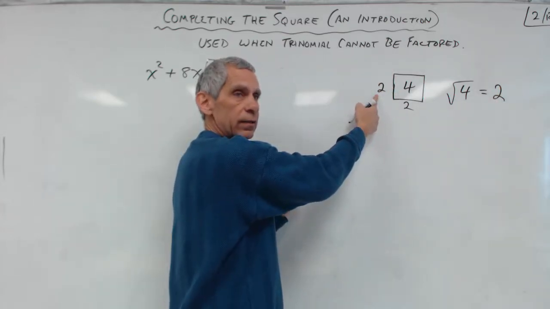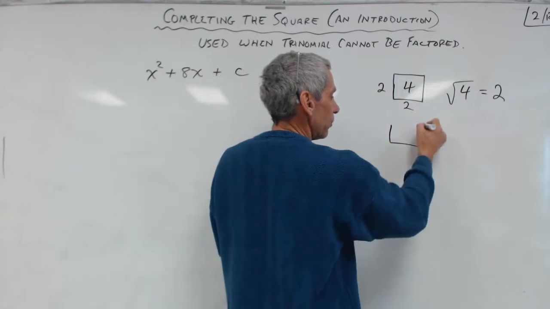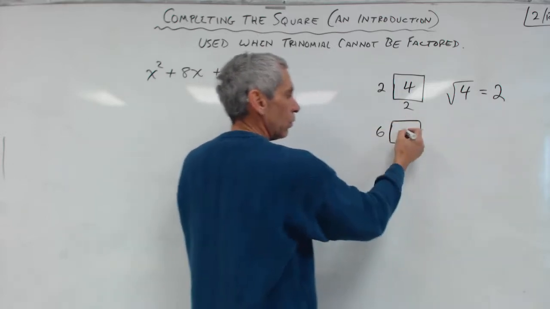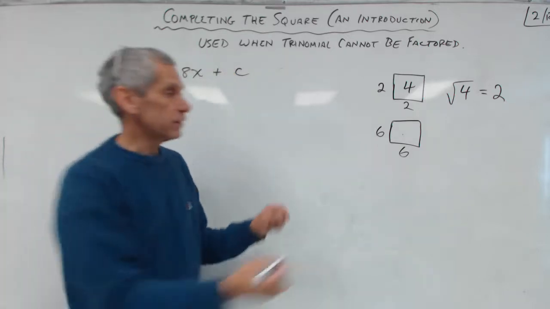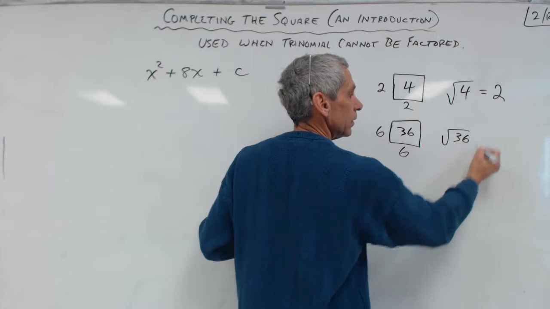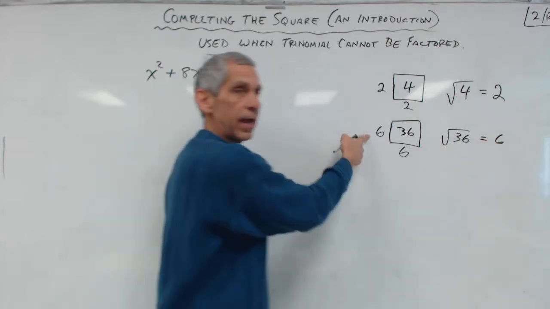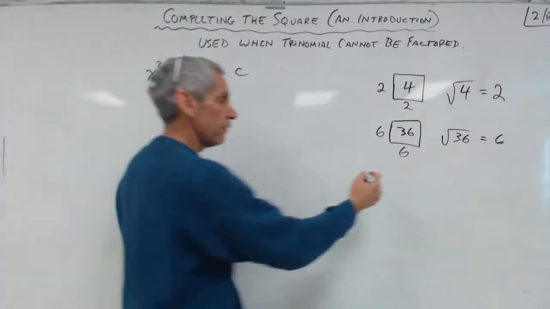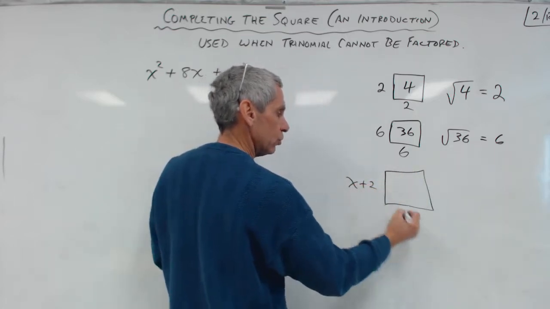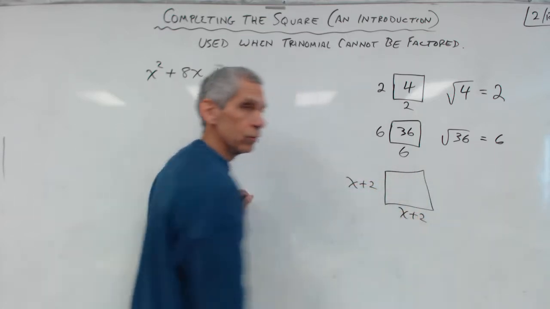Which is this side, right? What if I had another perfect square and this was 6 and this was 6? What would be the area? 36, right? Can I take the square root of 36? Yes. Which is 6. It's the side. What if I have a perfect square that is x plus 2 times x plus 2?